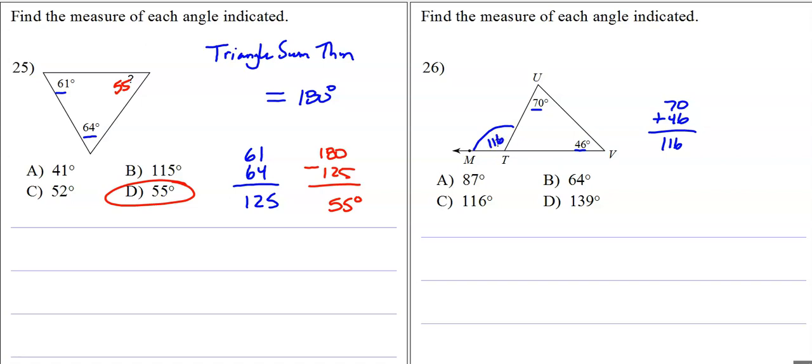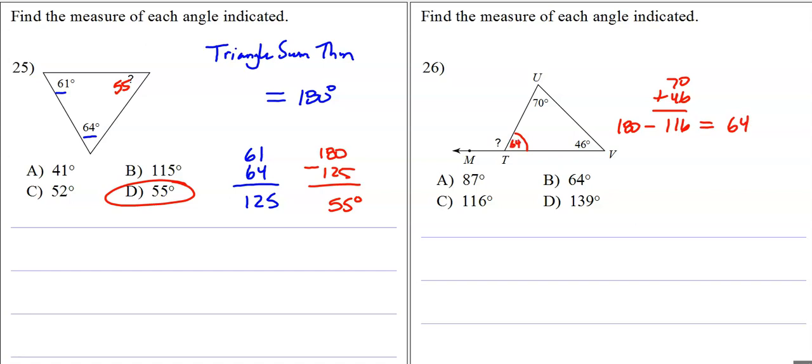But if you didn't know that, let's just say you forgot it, you could take a couple extra steps and figure out how much this angle right here is. We had 70 plus 46 was 116. Then you could subtract from 180 and get 64, which is this side.